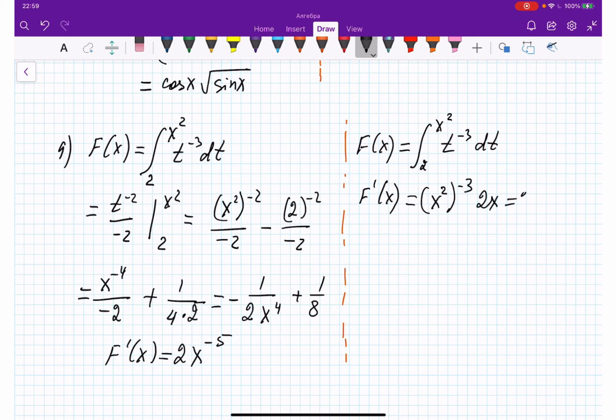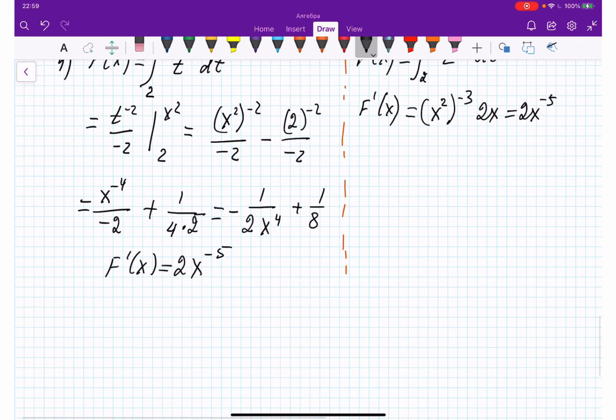Which gives us 2x to the power negative 5, and we get the same derivative. Okay, let me do 2 more and I will be done.